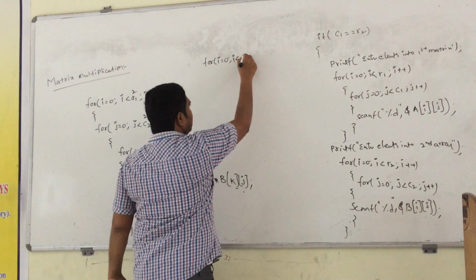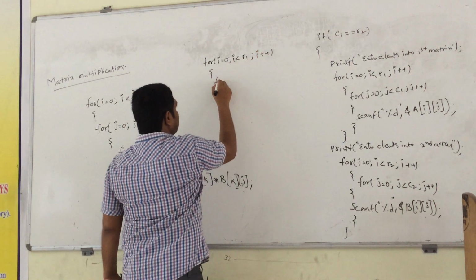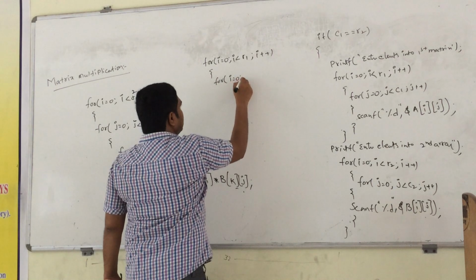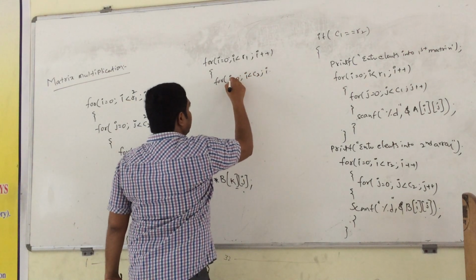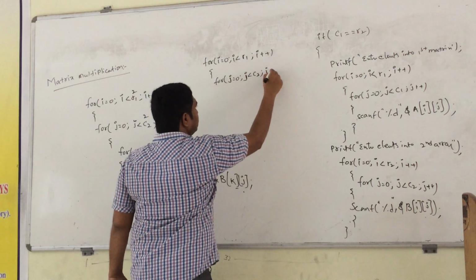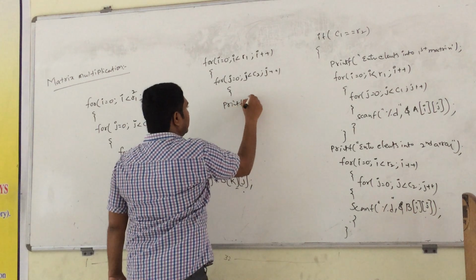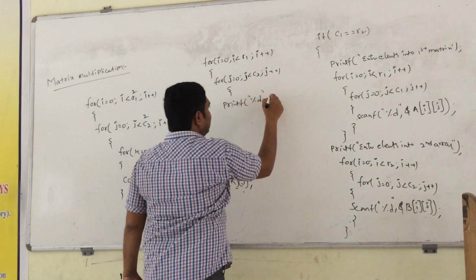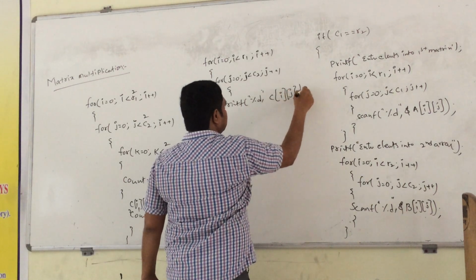So the row size is R1, i plus plus. For j equal to 0, j less than C2, j plus plus. For printing, printf percent d, the resultant is in C, so C of i j.